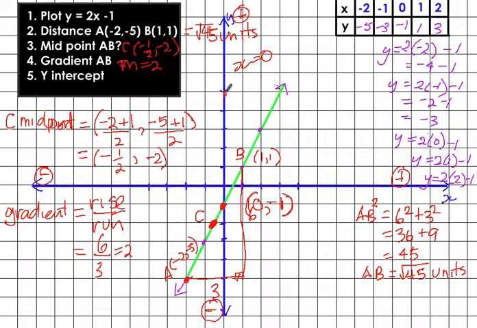This point here is 0, 1, 2, 3, 4, 5, 6, and this is negative 1. Looking at the equation y equals 2x minus 1, just as a note, this negative 1 always gives me the y-intercept, because this is where x equals 0. So x equals 0, like we've got over here, y is equal to negative 1.